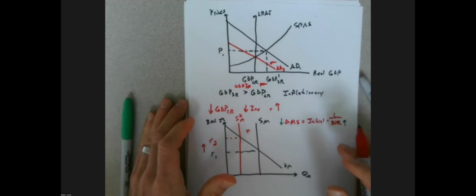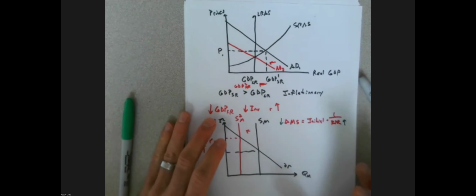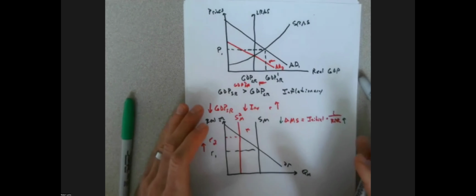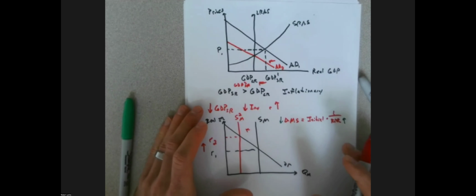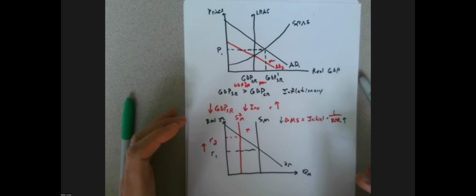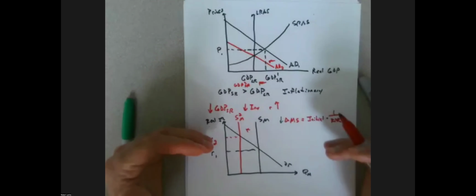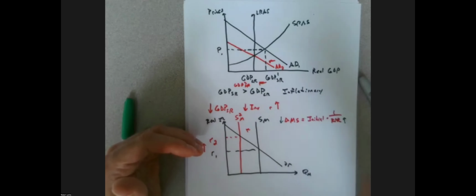Okay? Now, what's the other thing that we could do? This is the most technical way to think about it, but I was describing this last class, and I think this is a good way to help solidify it in your mind. If I want there to be less money out there, I want to decrease my money supply. If the Fed buys things from banks, it's giving them money.